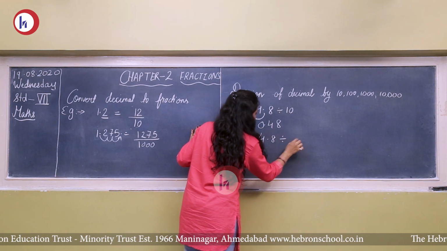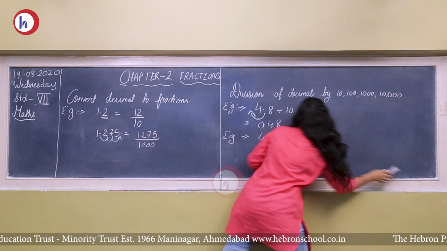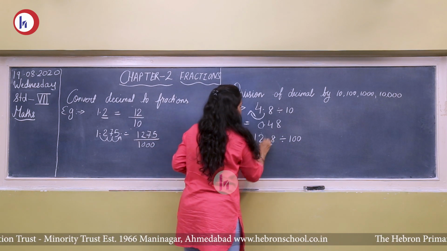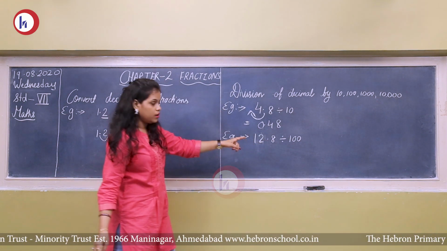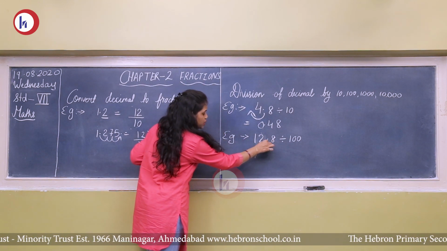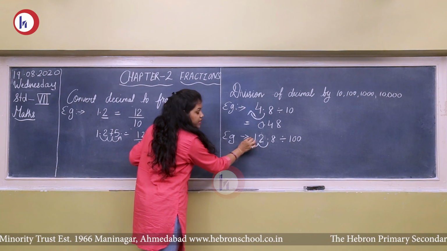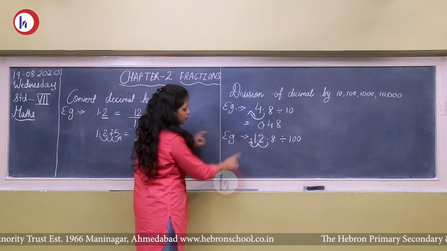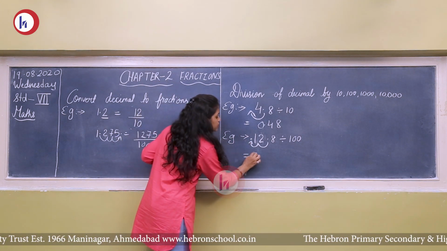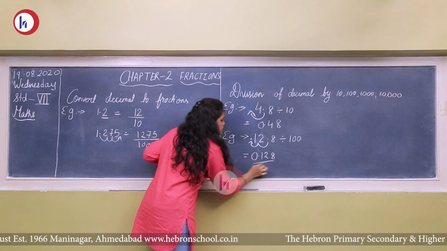Let's take another example. 12.8 divided by 100. Now here 100, that means your decimal will shift 2 places to the left, that is 1 and 2. Okay. So आपका decimal यहाँ आना चाहिए. अब इसके आगे आपके पास कोई नंबर नहीं है. जब कोई नंबर नहीं होता है तो हम उसका आंसर कैसे लिखते हैं? 0.128 like this.